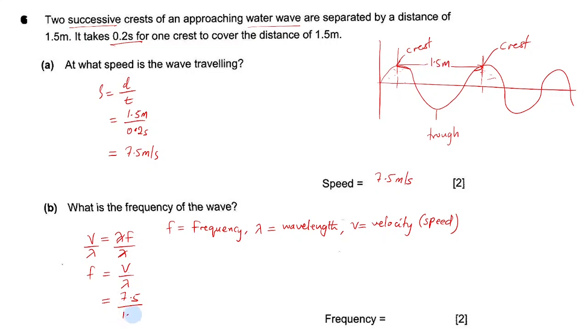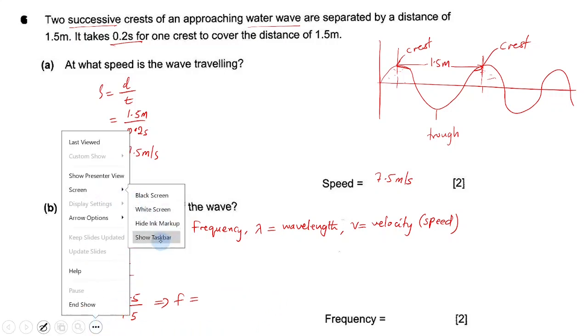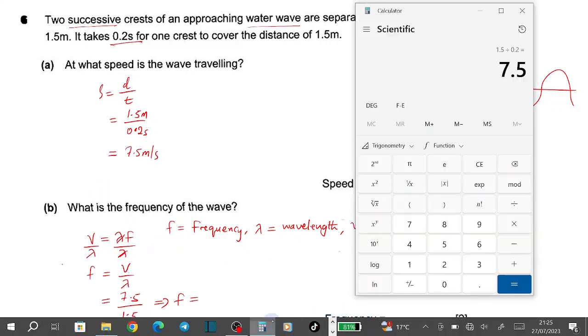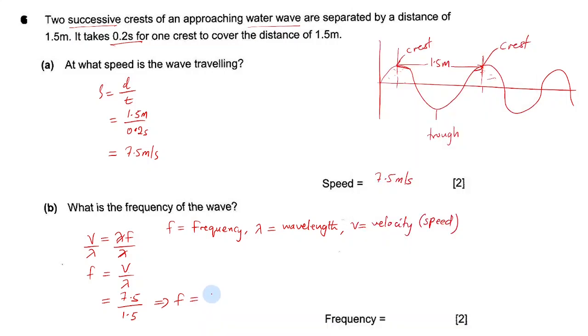So frequency is 7.5 divided by 1.5, which gives us 5. The units of frequency are Hz, H and Z. So you put 5 Hz. Okay, so that's what it is. Let's move to the next one.